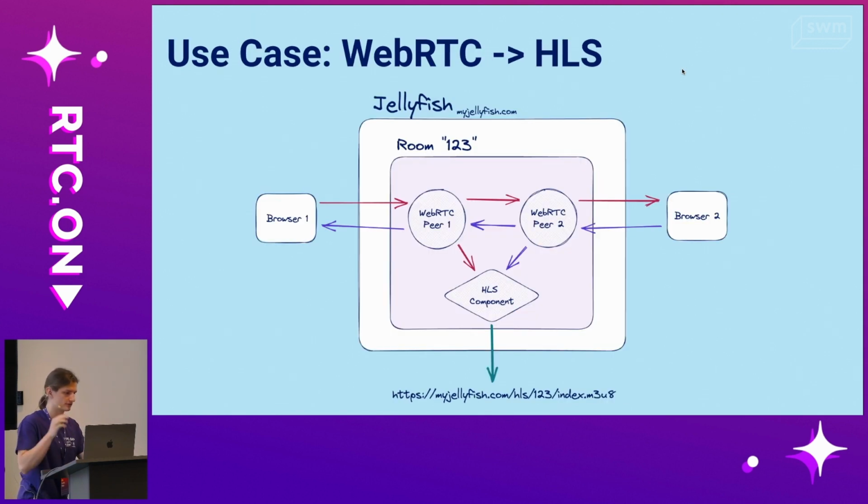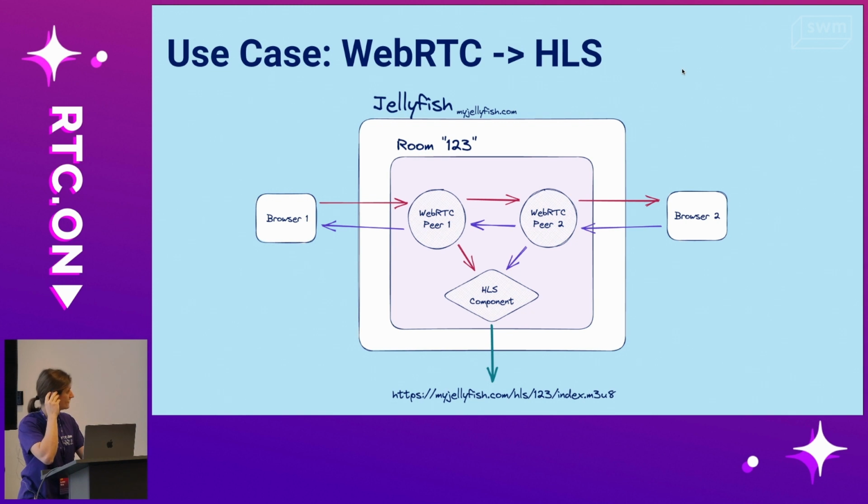All right, so here's the most basic example that shows how you can combine different types of peers and components. Here we have the usual video conferencing solution. You have your participants, you have your meeting. You add each of the participants as a WebRTC peer.